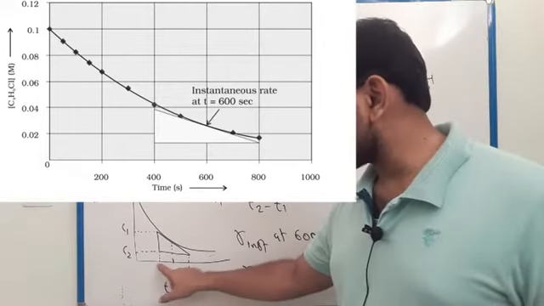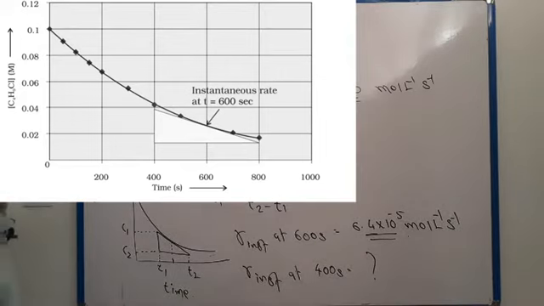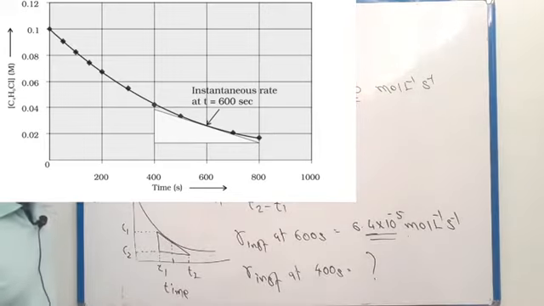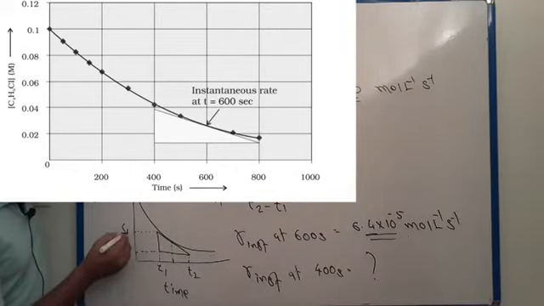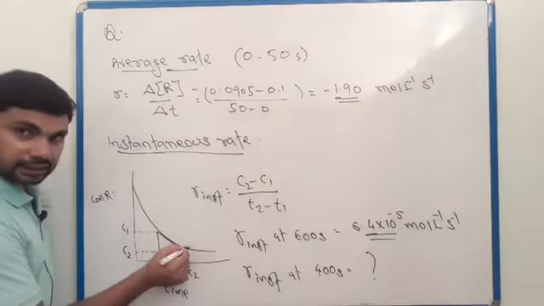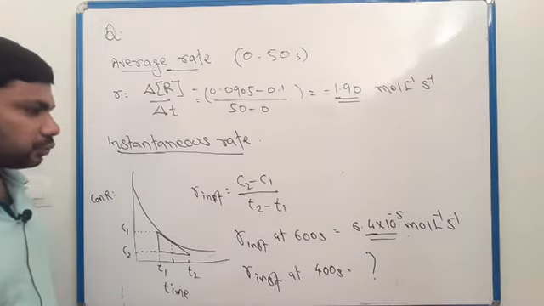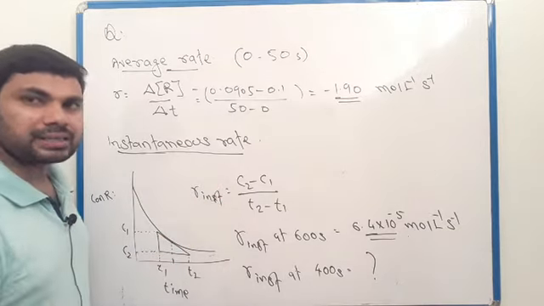Take 600 seconds, put a dotted line here, draw a tangent like this, and make a triangle. This is one concentration and this is another, so C1 and C2. Similarly, this is time T1 and this is time T2. After that, we can find the instantaneous rate as C2 minus C1 divided by T2 minus T1.